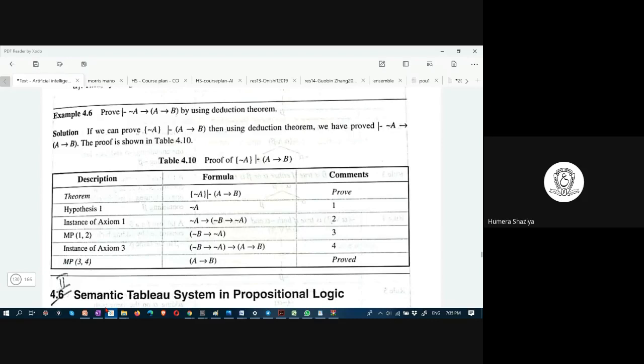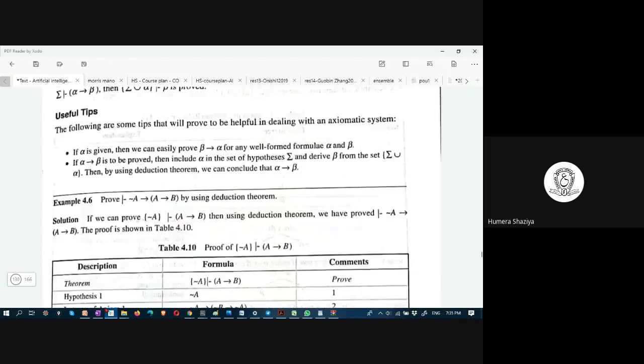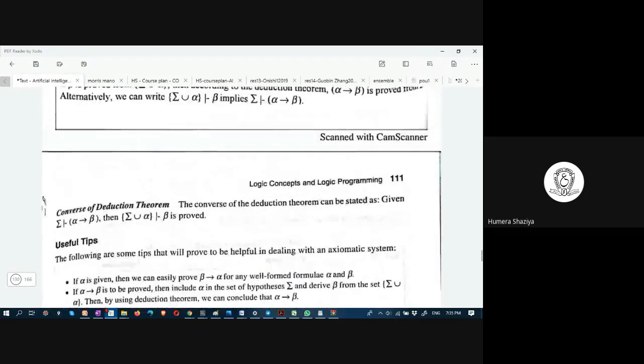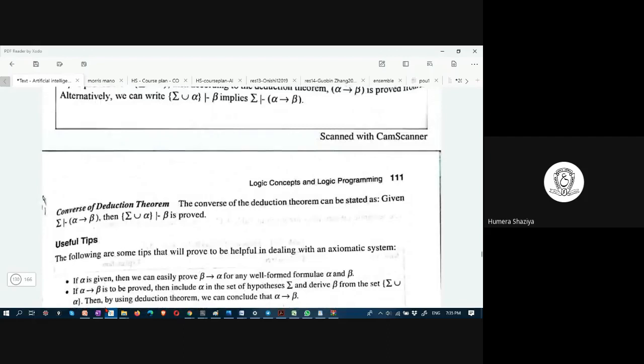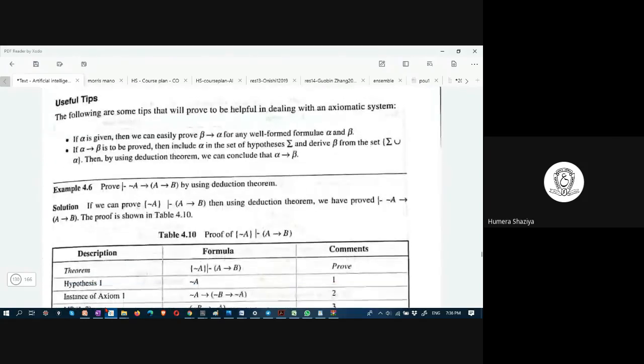If we can prove not A derives A implies B, then using the deduction theorem, we have proved that, from this deduction theorem, we know that sigma derives alpha implies beta, which is like sigma union alpha derives beta.